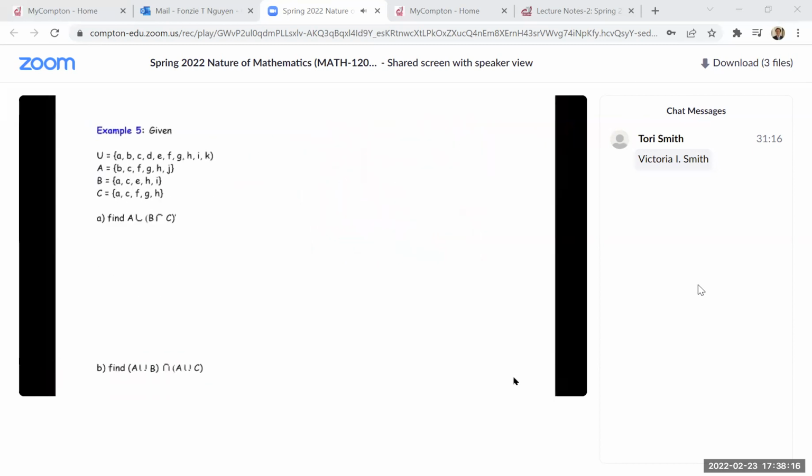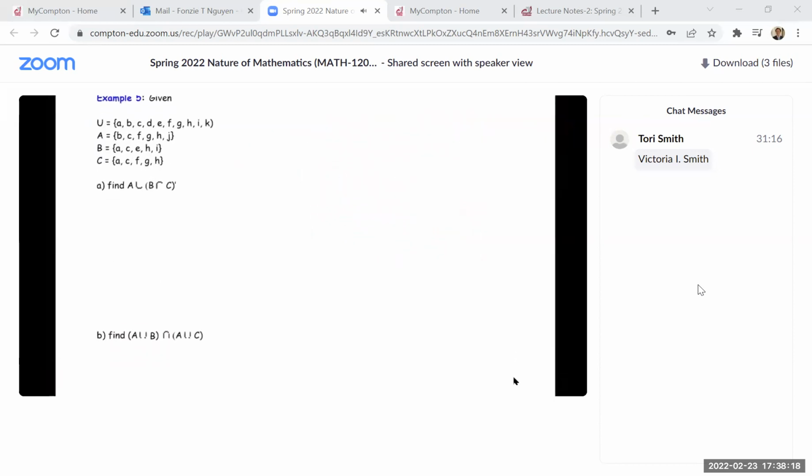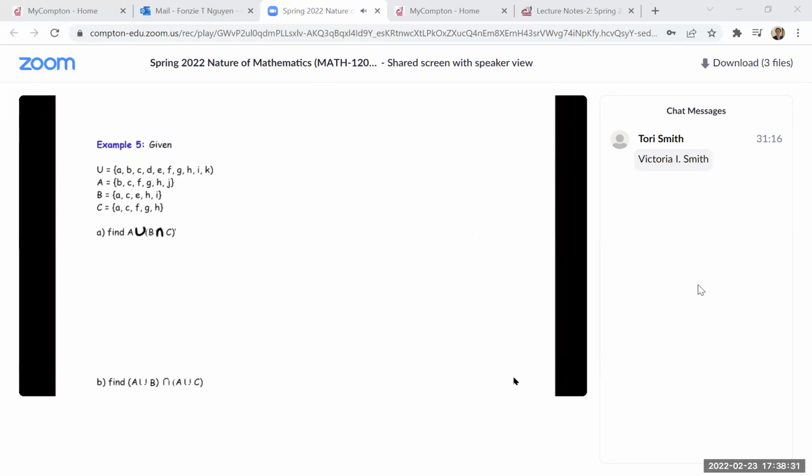All right, let's look at this one. It looks like it didn't print out that good, but this should be a union and an intersection, an overlap. Okay, so first let's draw the picture again.